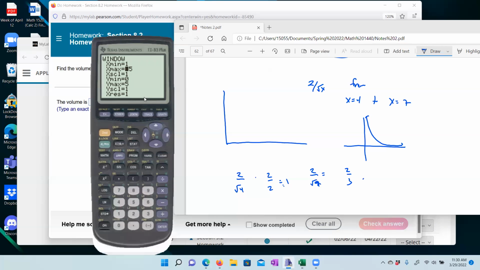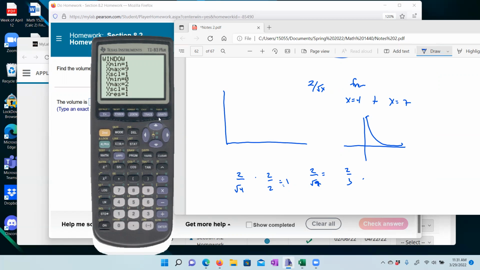And then we only have to go up to 7, let's go up to 9. Scaling for y, we'll leave that alone. Y minimum will go from 0, that's fine because 2/3 is close to that. And then y max, if I plug in a 1 here, we just get 2 over 1, so we'll just do a 2 here.